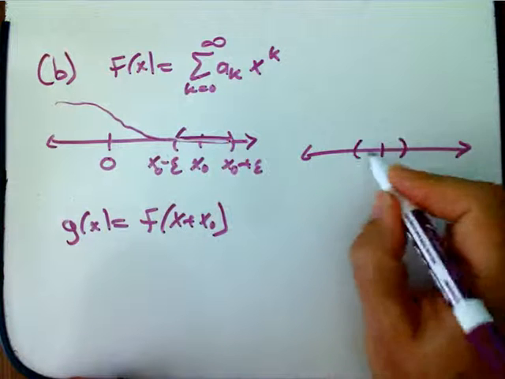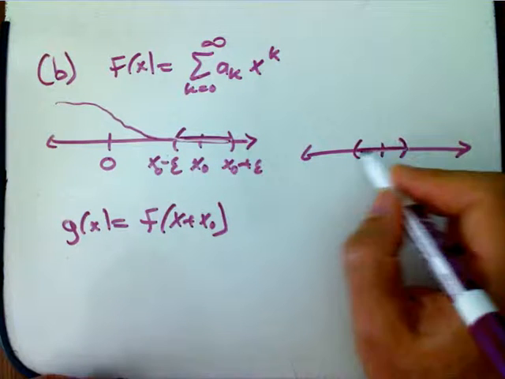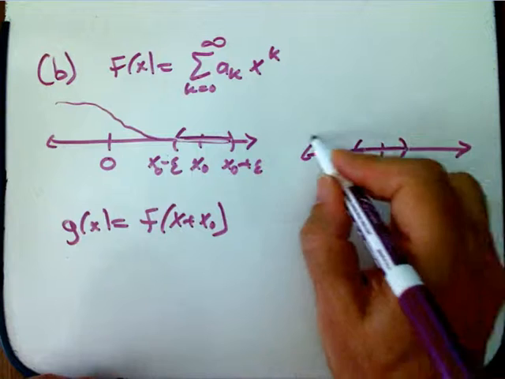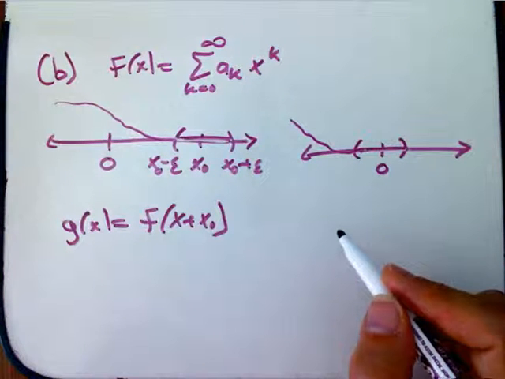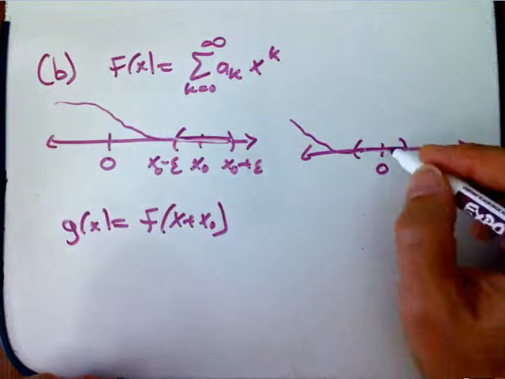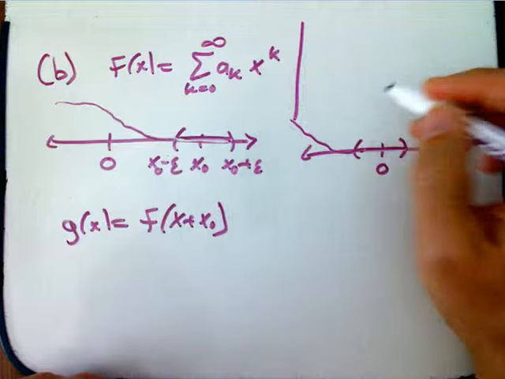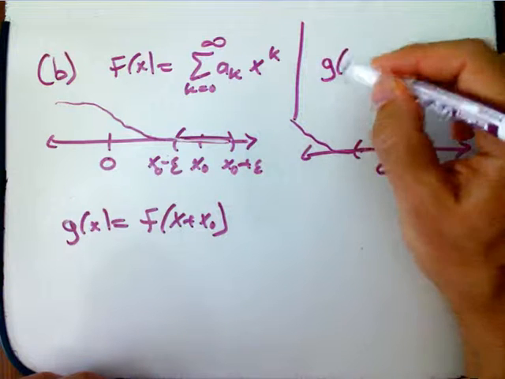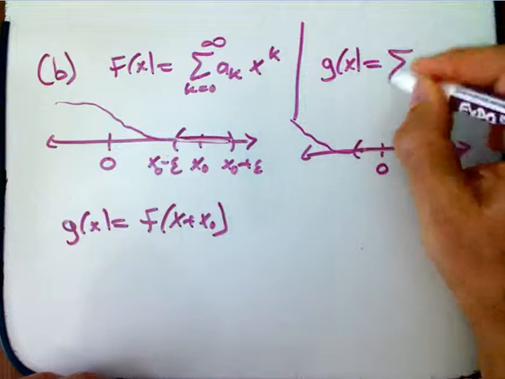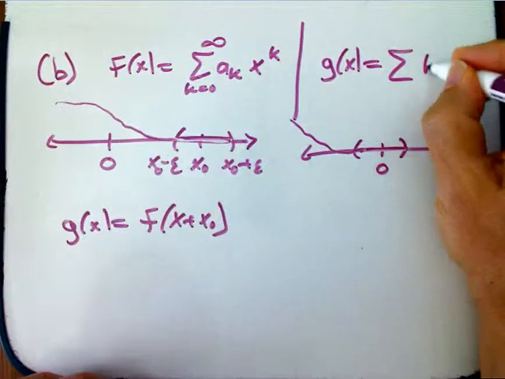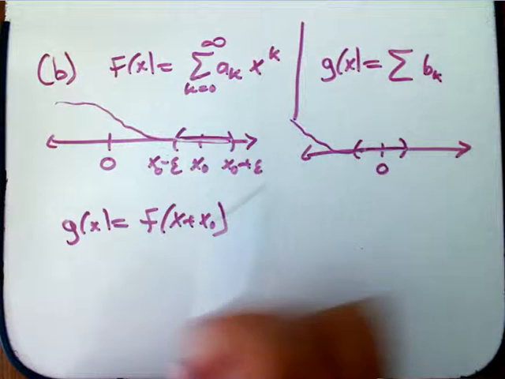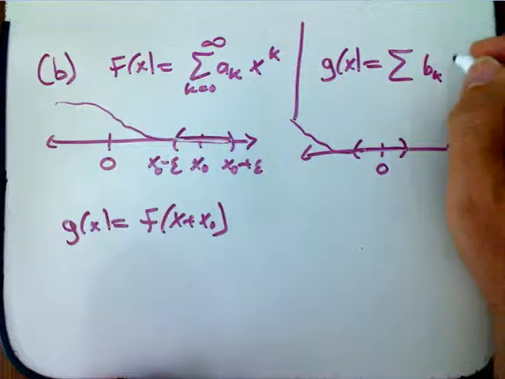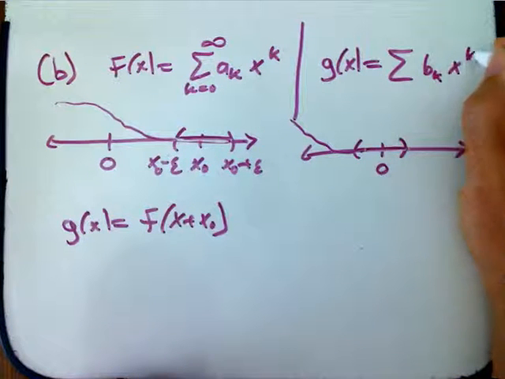So now this is around 0. Now we're going to go ahead and calculate the Maclaurin series of that guy. The coefficients are not a sub k. They're related in an interesting way with the x0 and binomial coefficients and stuff like that. We don't actually turn out to need the exact relationship.